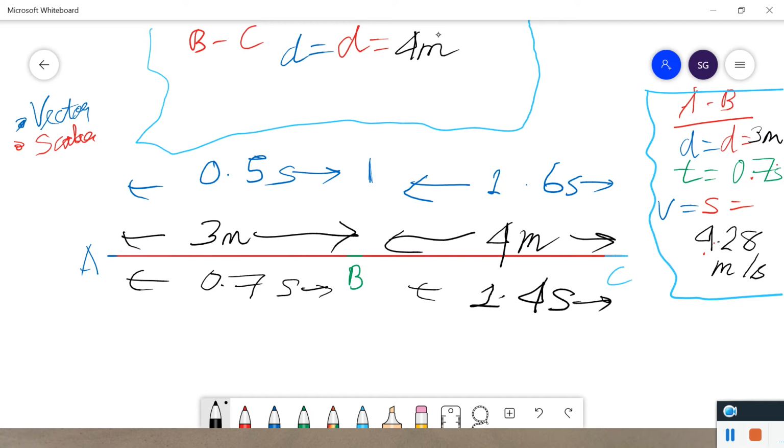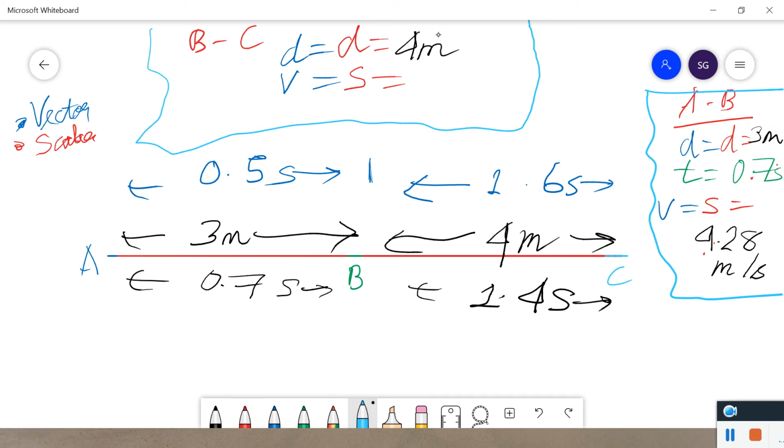Displacement and distance are equal, and velocity and speed we have to consider. So velocity is equal to speed is equal to what? We have to calculate it.